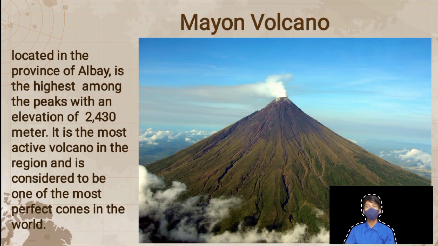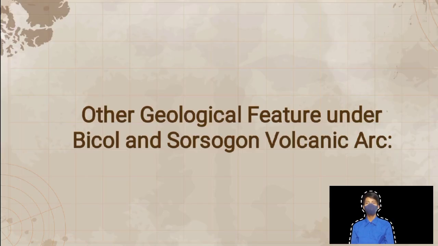It is characterized by its steep, symmetrical cone that is considered to be the perfect cone due to its almost perfect conical shape. It is also recognized as the most active volcano in the Philippines, having erupted over 50 times in the past 400 years. The other geological features under the Bicol Volcanic Arc and Sorsogon Volcanic Chain are the following.